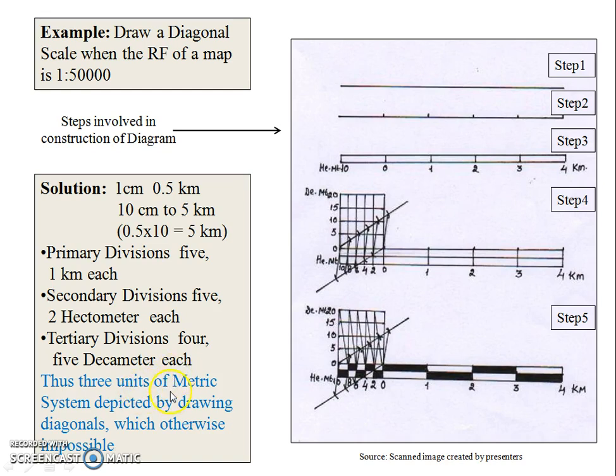Now we discuss step-by-step construction of diagonal scale. As per step 1, draw a straight line of 10 centimeter. As per step 2, divide it into 5 divisions and mark ground distances 0, 1, 2, 3, 4 km as depicted in the diagram.